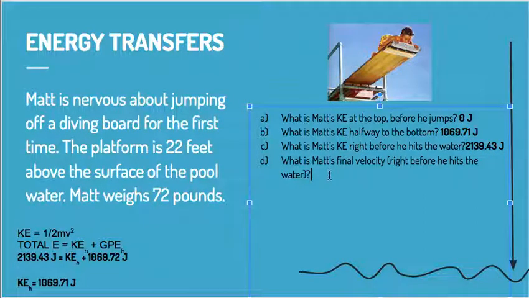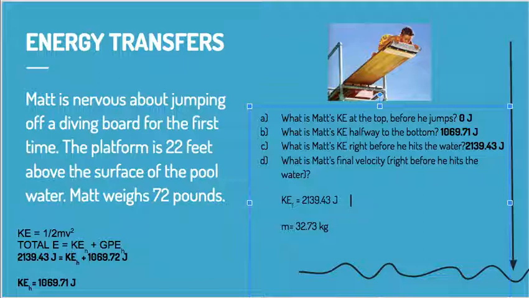Okay, and now we're looking at his final velocity right before he hits the water. So we know the kinetic energy final equals 2139.43 from the answer to question C. We also know that his mass is 32.73 kilograms, and we are looking for his final velocity.